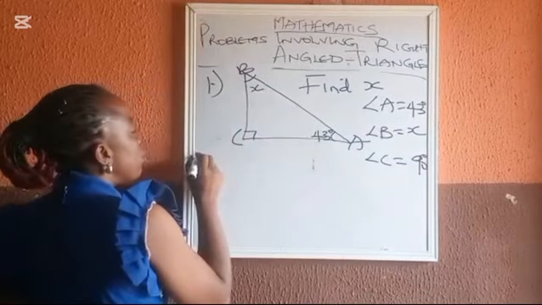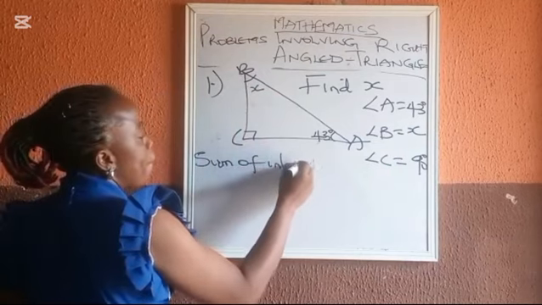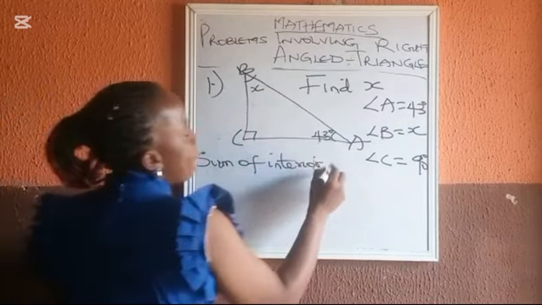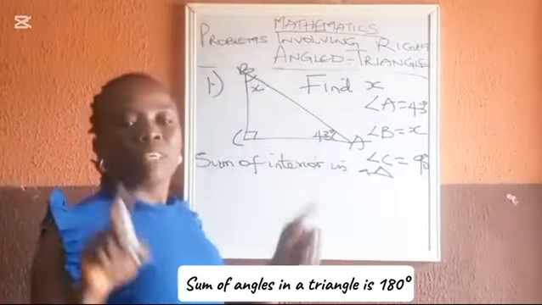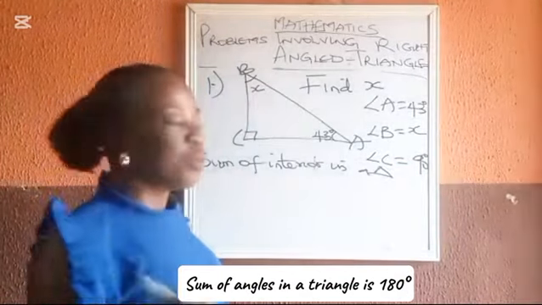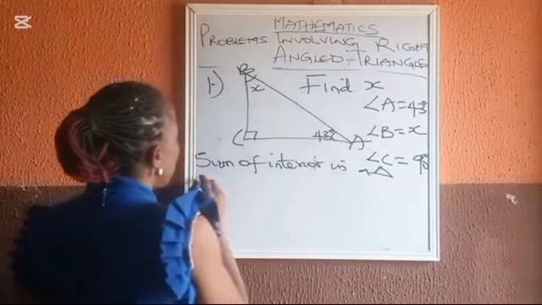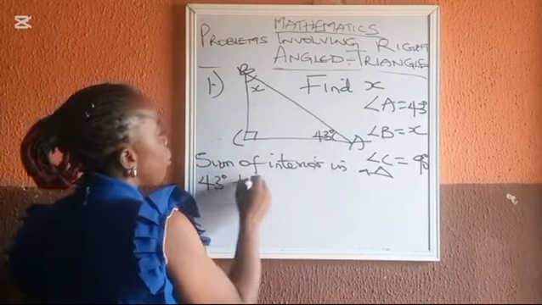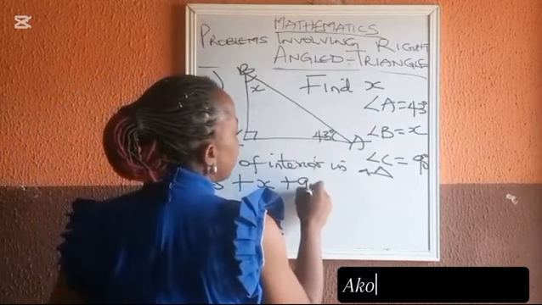So using the sum of interior angles in a triangle, the sum of all the three angles in a triangle is known as what? 180 degrees. So what are the three angles? I have my angle A, which is 43 degrees, plus angle B, which is S, plus angle C, which is 90 degrees.